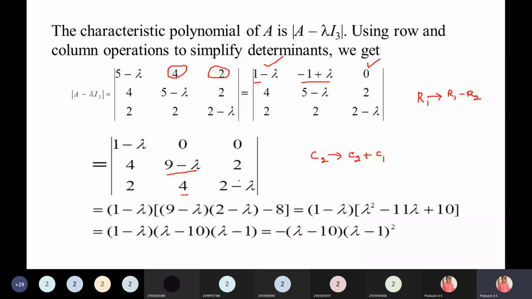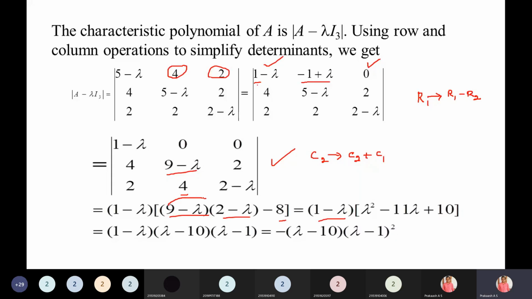Now we expand along R1. So if we expand along R1, what will happen? 1 minus lambda times the product of this, minus, subtract 9 minus lambda, 2 minus lambda, 4 into 2, 8. So if you expand this, 1 minus lambda is as it is.